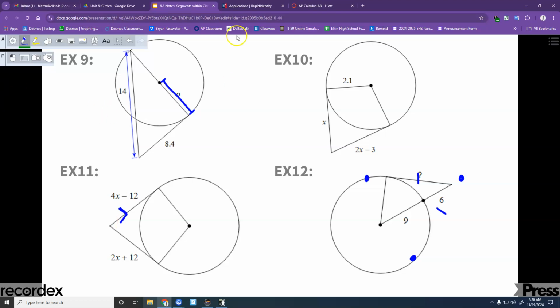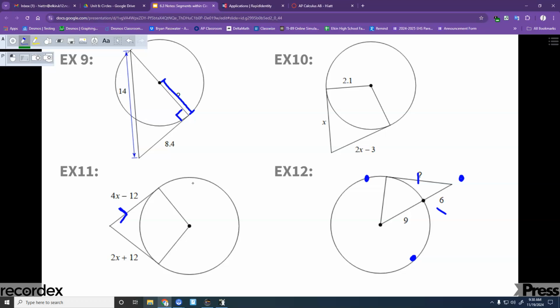Now, is this a right triangle? It is. How do we know it's a right triangle? Because it's not marked. In this corner right here, you're going to have a right angle because this is a tangent and this is a radius, and we just said tangents and a radius have to be perpendicular to each other, right?